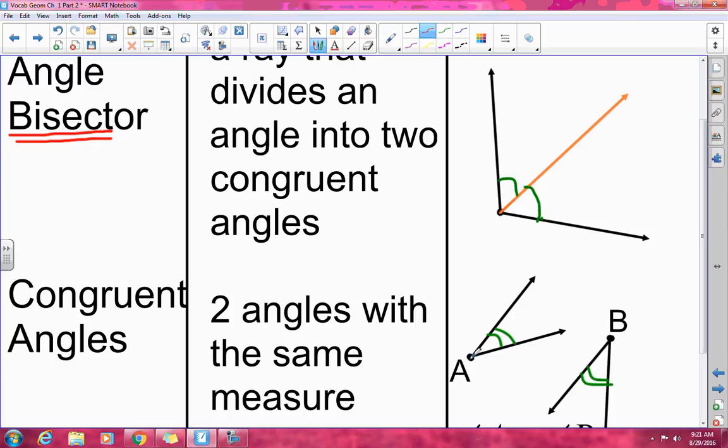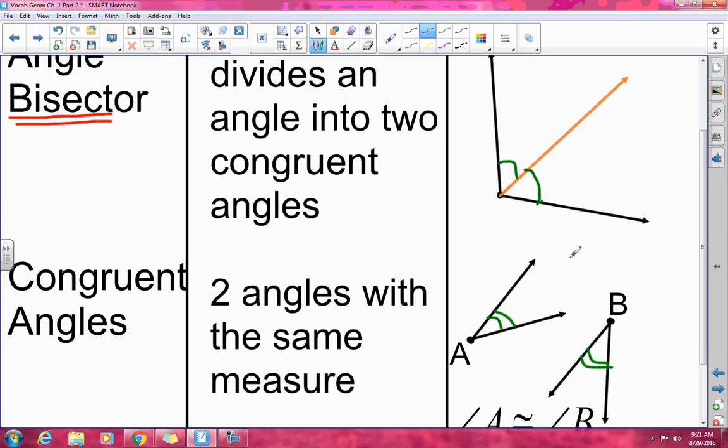So angle A is congruent to angle B. A way to illustrate congruent angles in geometry, you will see these little arcs in congruent angles. So up here, I drew this one green arc and this one green arc, and that illustrated that this angle here is congruent to this angle here on either side of that ray. So that's how we know that that's an angle bisector, because it made two congruent angles.